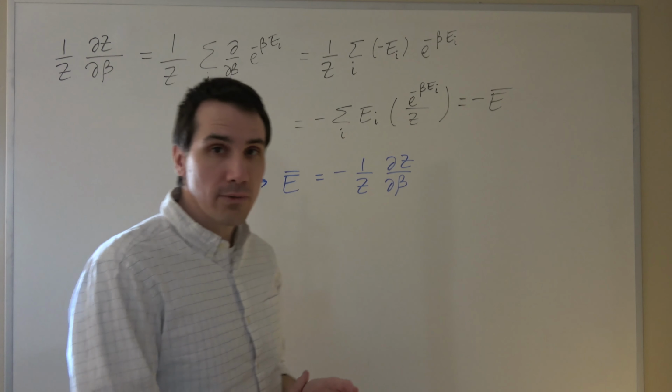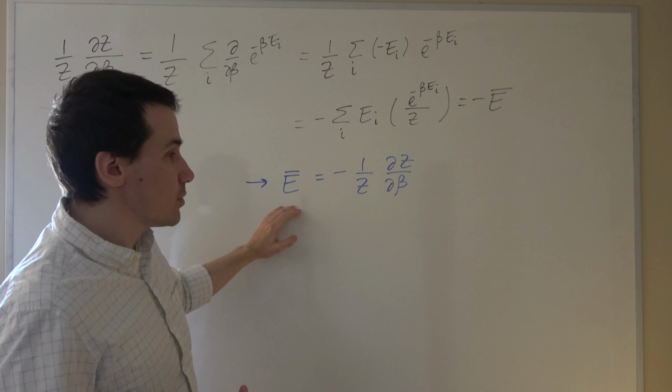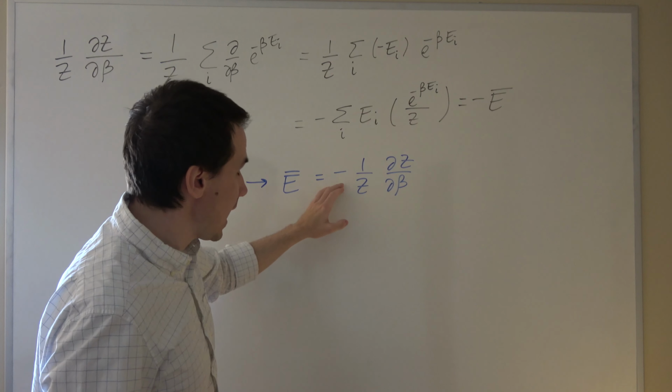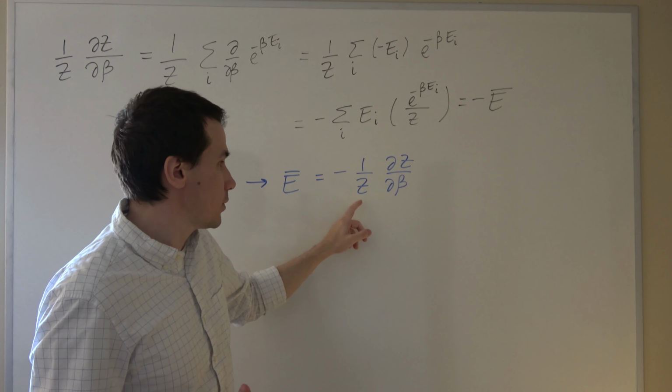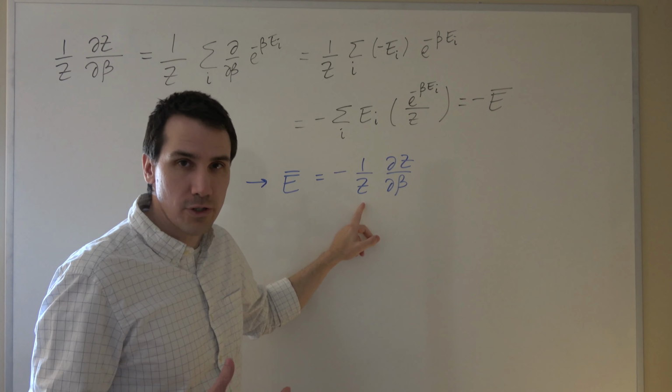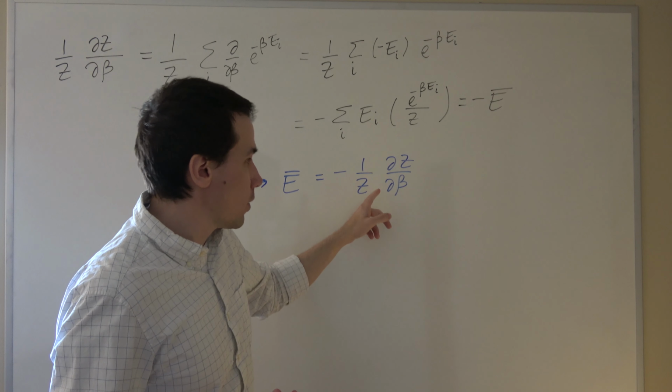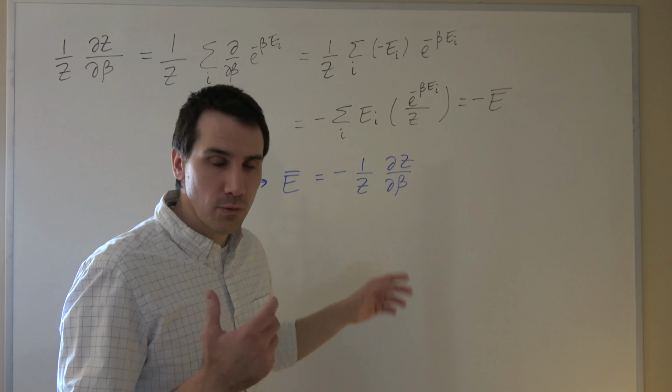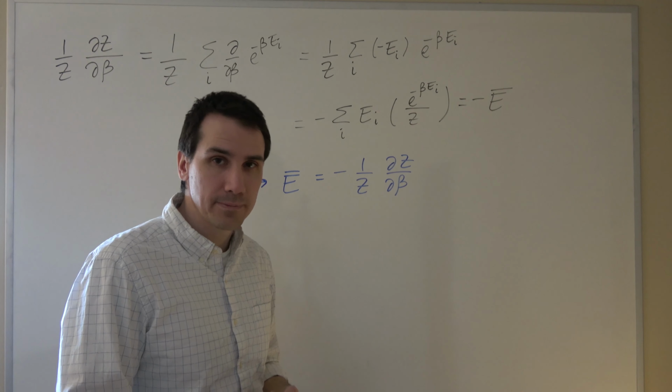So in general, what we find is that the average energy can be found by the negative of 1 over the partition function, multiplied by the partial derivative of the partition function with respect to beta.